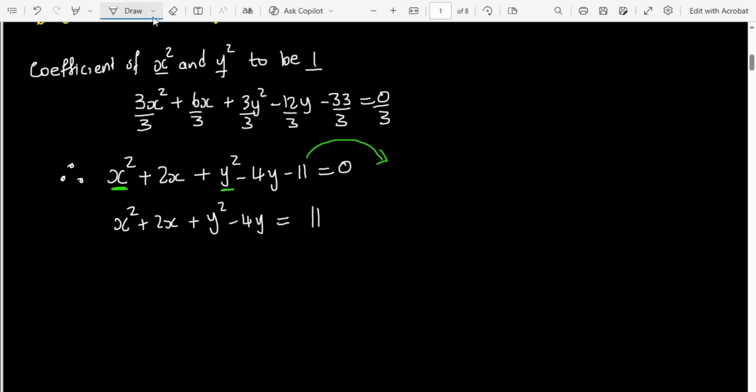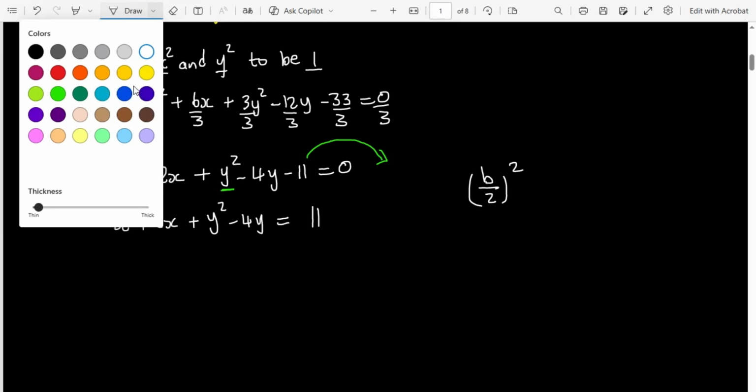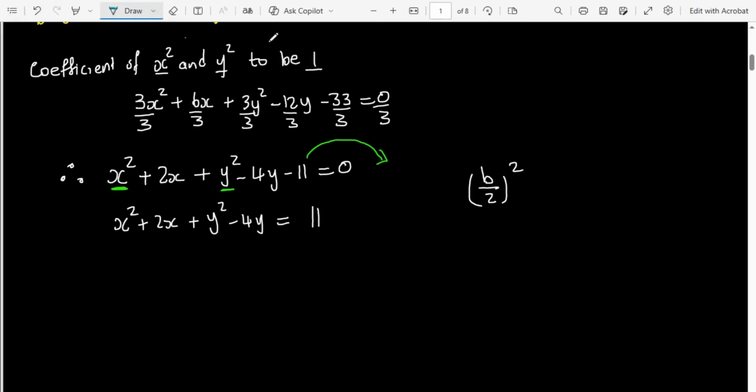Right, so this is what we have, and now we can complete the square. If you still remember, how do we complete the square? We add the coefficient of b over 2, squared, on both sides. Let's start with the variable x, which is x squared plus 2x.